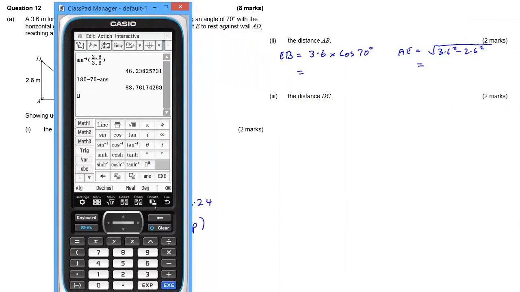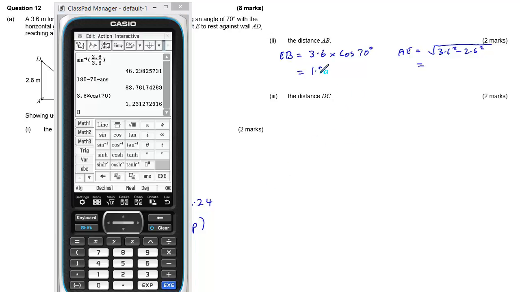So 3.6 times cos 70 gives us 1.23, and so on.